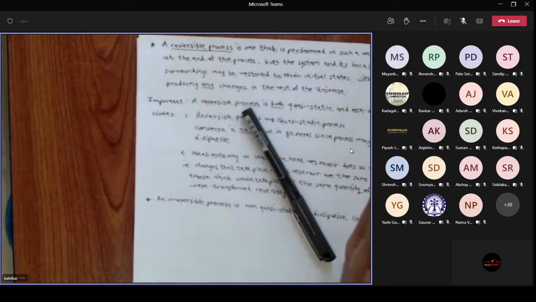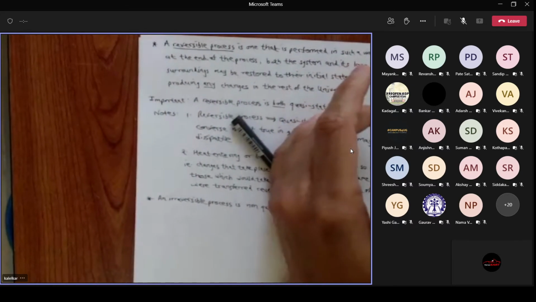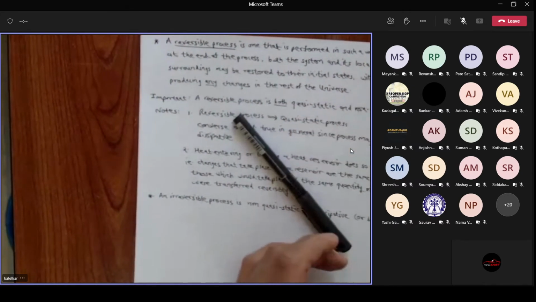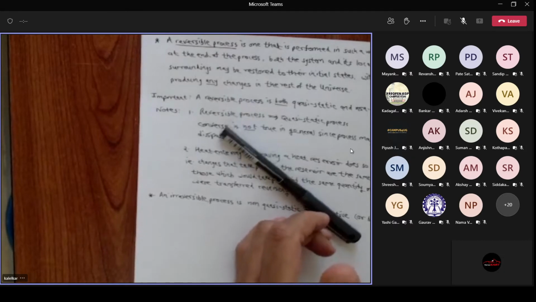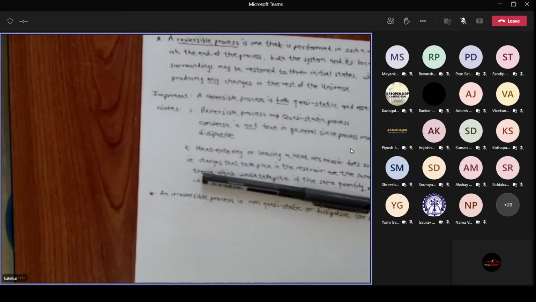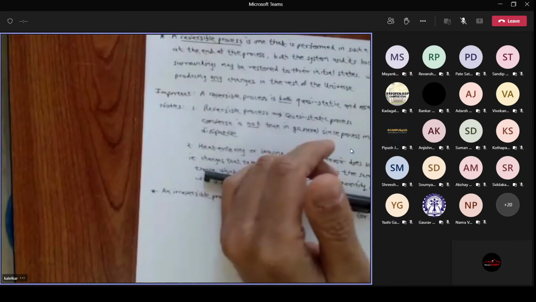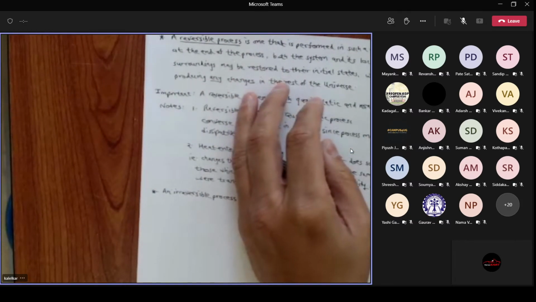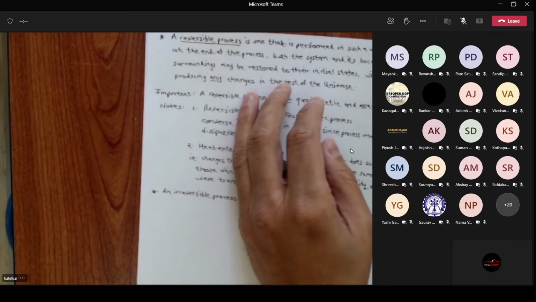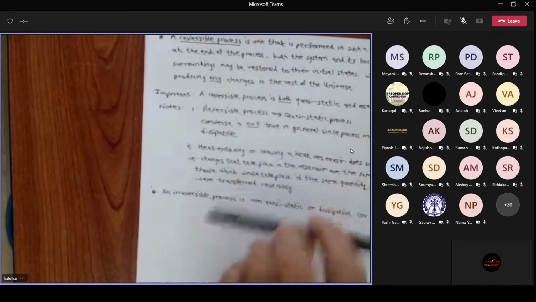So the reservoir will say, whether you give me 4 joules of heat or you give me 0.01 joules of heat, then you give me in the next state 0.01 joules of heat, then you give me 0.01 joules of heat, and all those processes add up to 4 joules of heat, it's the same for me because there is no change in my coordinates. Effectively, it's something like that.